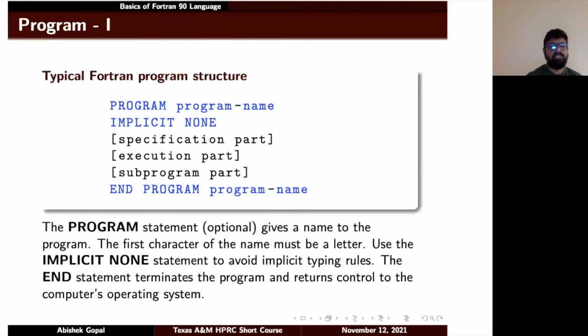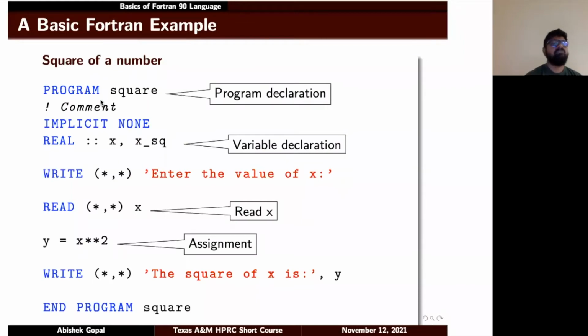The things you're seeing in blue text are keywords. What that means is when the Fortran compiler sees that keyword, it has a special meaning. It knows what to do with the following text, right? So program square tells the compiler that it's a new program and its name is square.